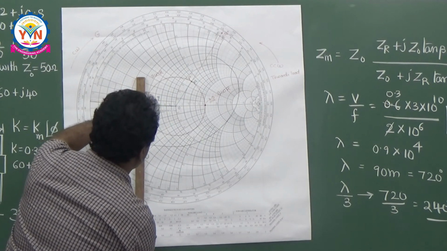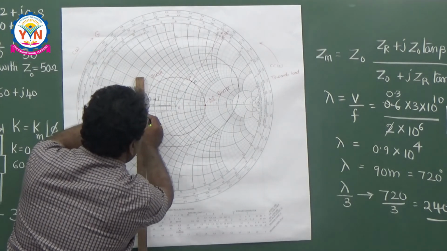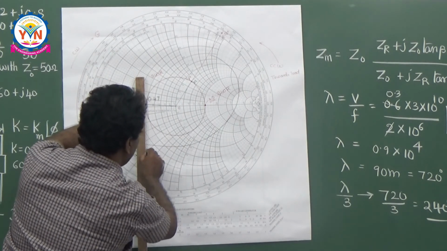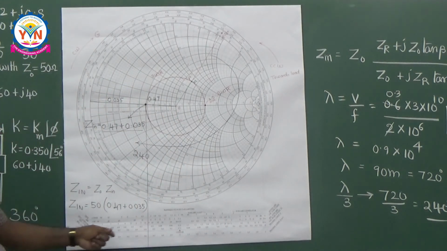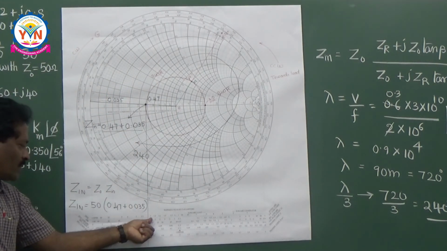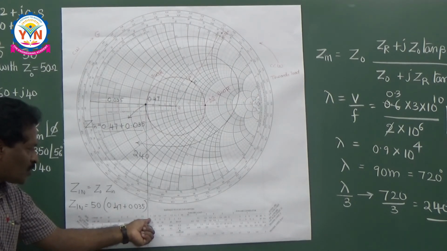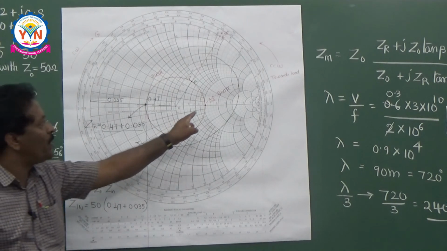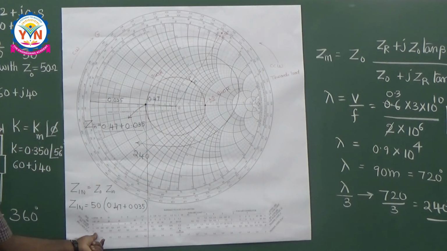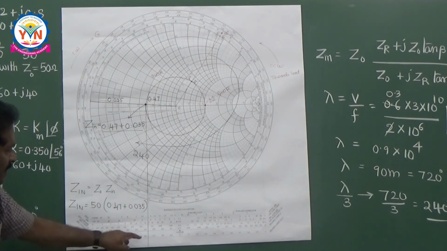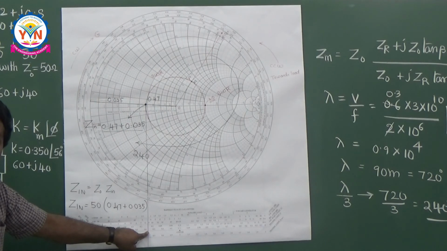Take a tangential line onto this and identify the points where they are intersecting with this axis, and you are going to get your approximate value. Here you see SWR is almost 2.0. And what is the reflection coefficient you got? 0.358. It is between 0.3 and 0.4, it is 0.358.